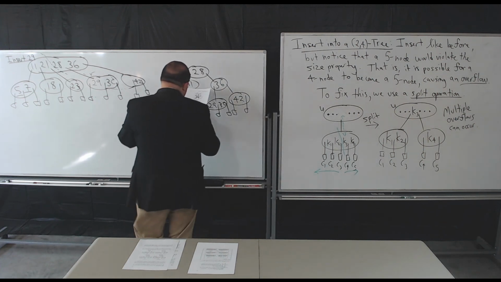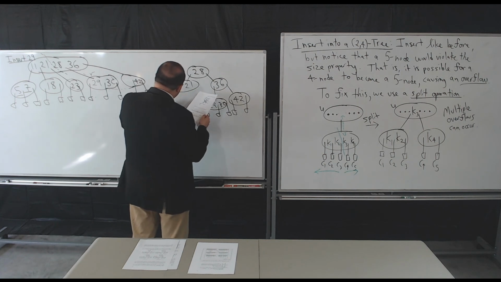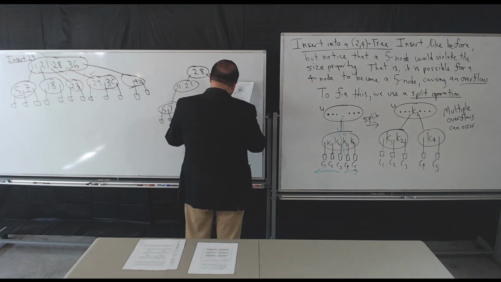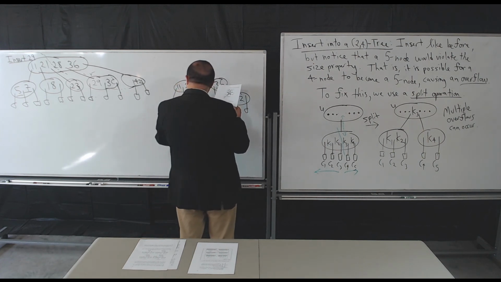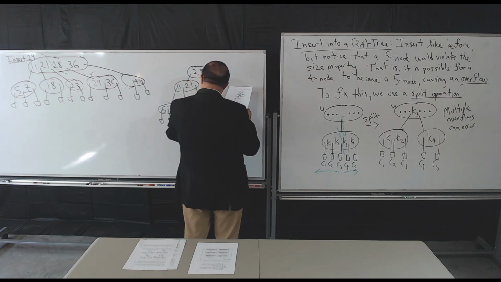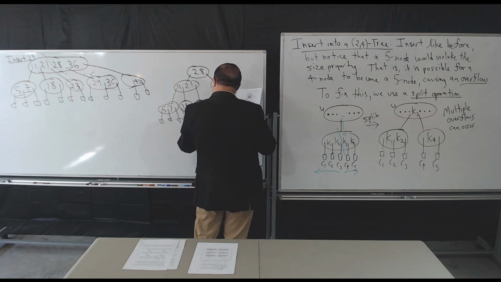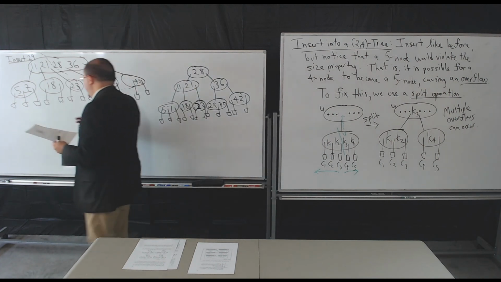On the left side, we simply have 5 and 7, the leaf nodes. 5 and 7, and we have 18. And lastly, over here, we have 23. Apologies, the 23 melted in the microwave, okay?